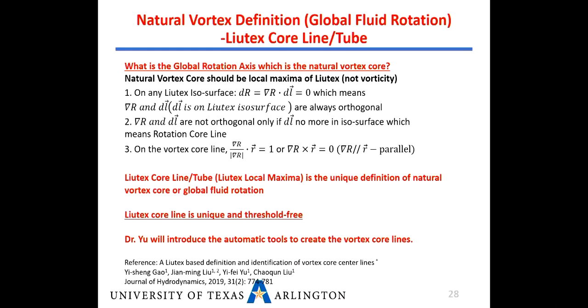The nu-tex core line is unique and threshold free. Some say your nu-tex still needs a threshold and needs improvement, but no: the nu-tex core line is threshold free. It gives a unique vortex structure, not related to any threshold.